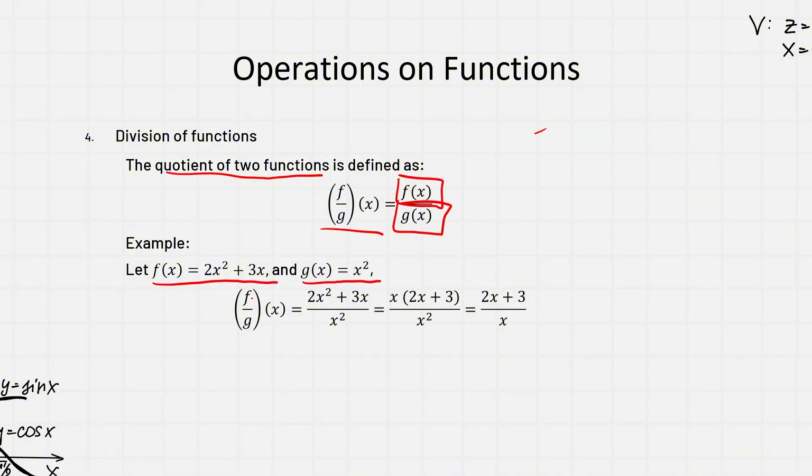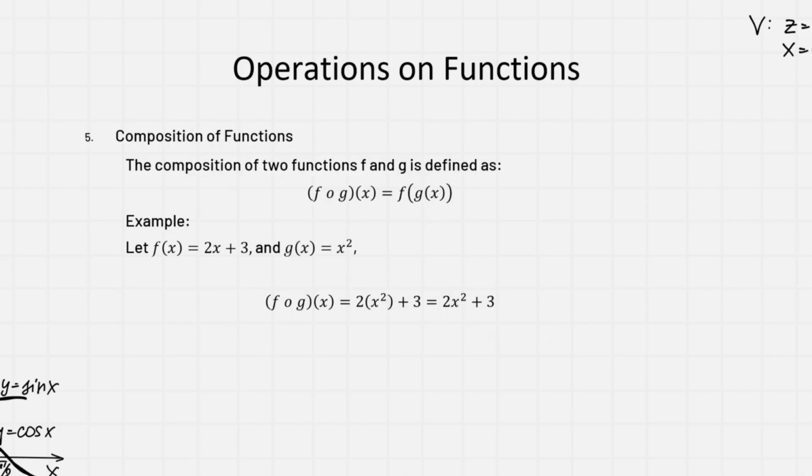To get the f over g of x, just simply substitute. We have 2x squared plus 3x over x squared. Then factor out x, cancel this one, so this will be 1. So the answer will be 2x plus 3 all over x.